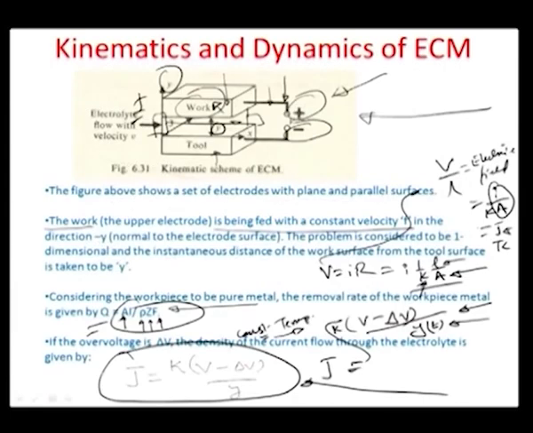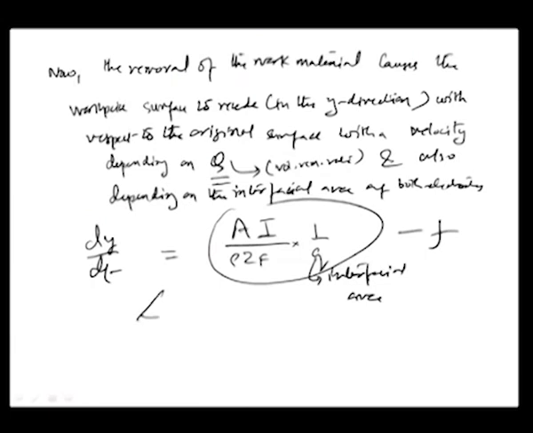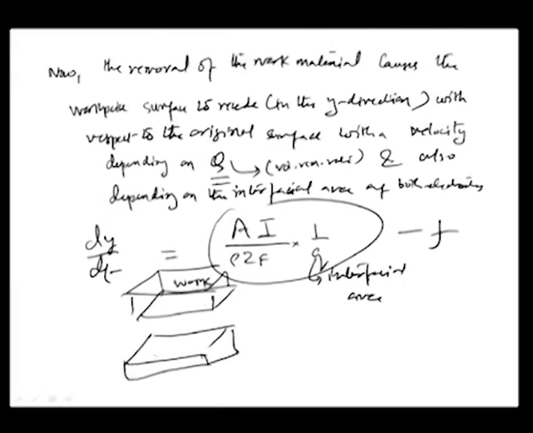Remember, as we were talking about the two electrodes here, this is the work, and this right here is the electrode, or the tool. The work is being fed in the minus y direction, and the recession of the workpiece surface is in the plus y direction because of the dissolution. So, recession is given by the term AI by rho ZF per unit area, where the shaded area is the interfacial area of the two surfaces, and f is basically the feed.